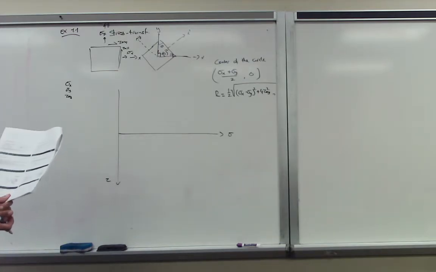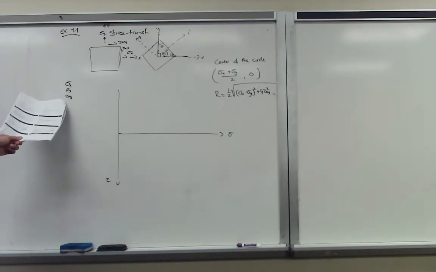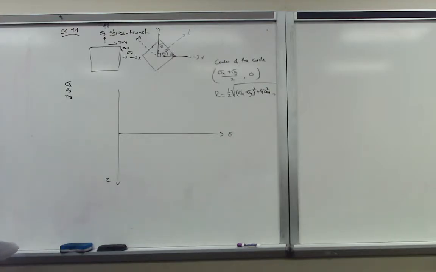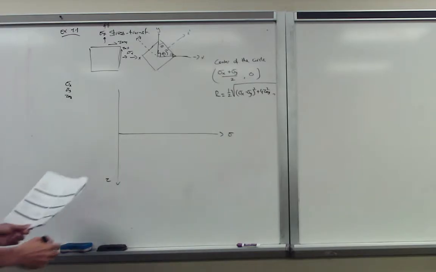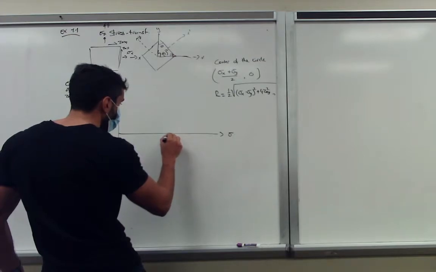Using that, if we have sigma x, sigma y, and tau xy, we can construct a Mohr circle, and based on that, we can easily determine what our stresses are and how they rotate. So if we have an estimate of sigma x, sigma y, we would draw our circle.